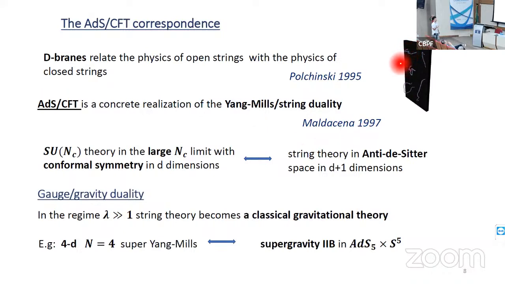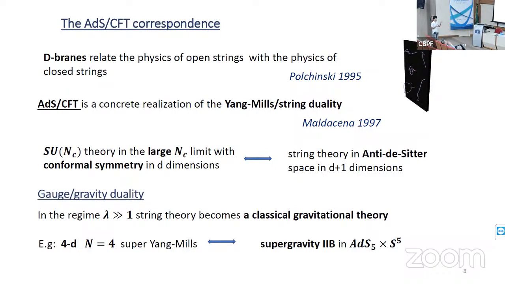If you consider open strings, the endpoints can lie on those hypersurfaces. But at the same time, it was shown that these hypersurfaces are non-perturbative solutions of string theory in the closed sectors. So they can be associated with solutions associated with closed strings.